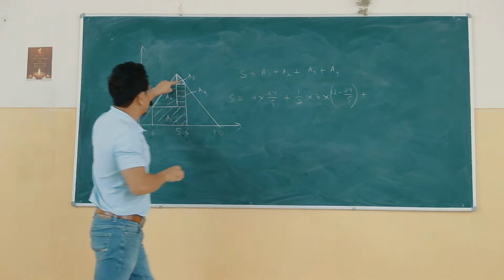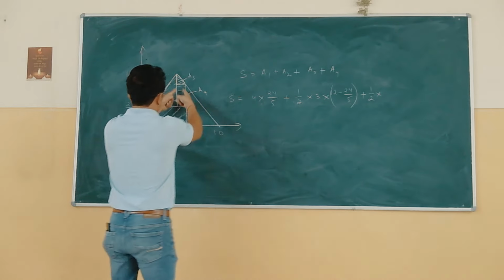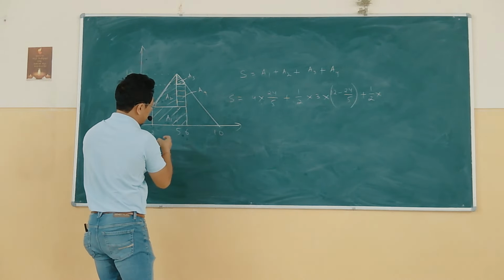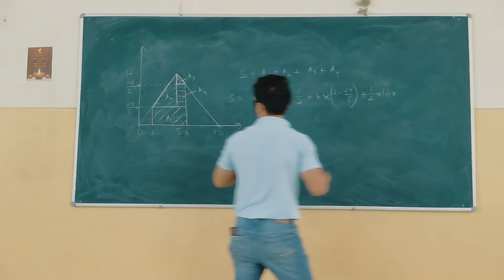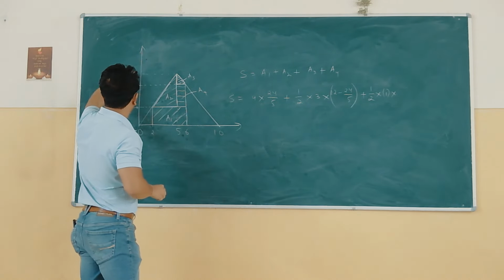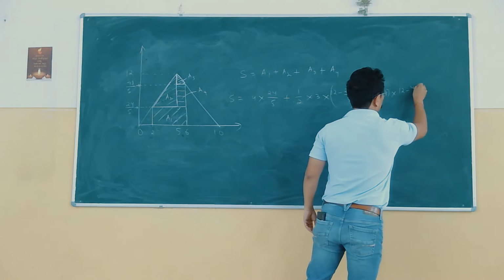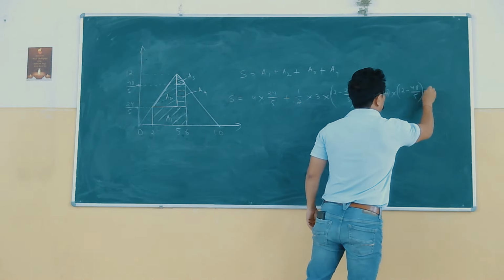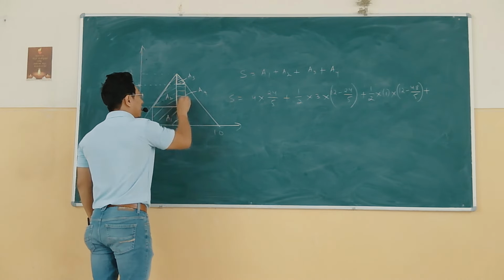This is also a triangle. So half into base. What is the base? Here 5, here 6. What is the gap? 1. What is the height? This height is 12 minus 48 by 5. Plus. Now we are left with this rectangle, right?